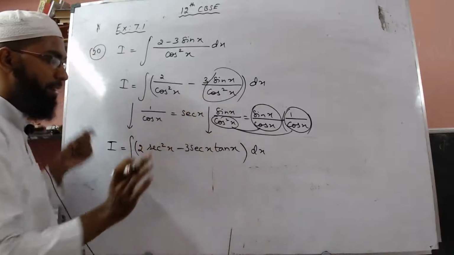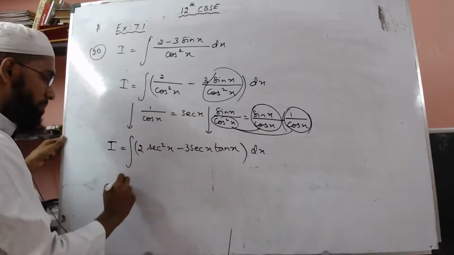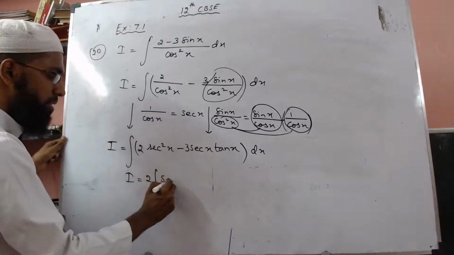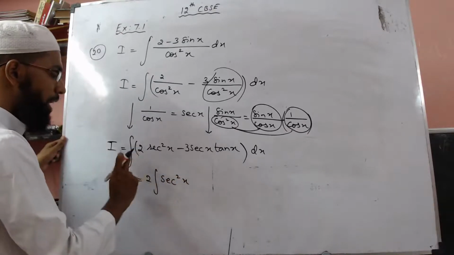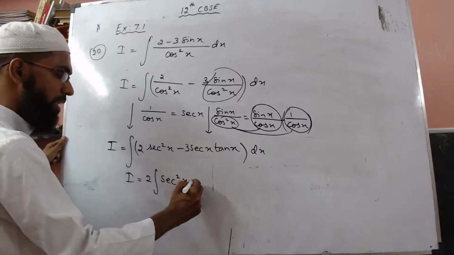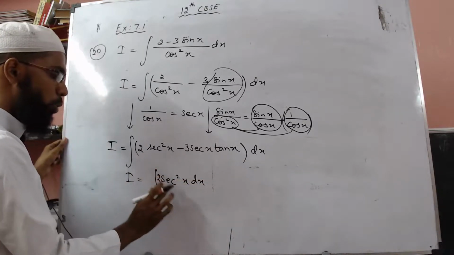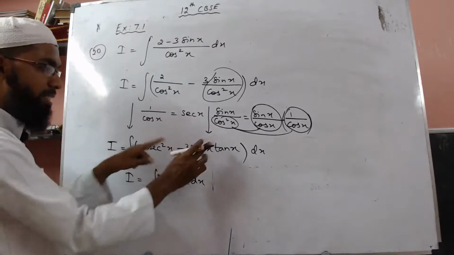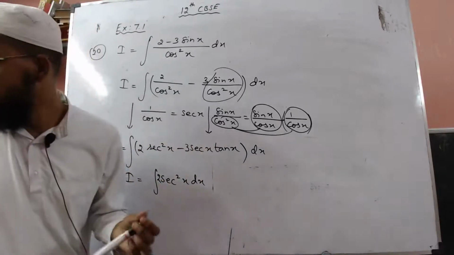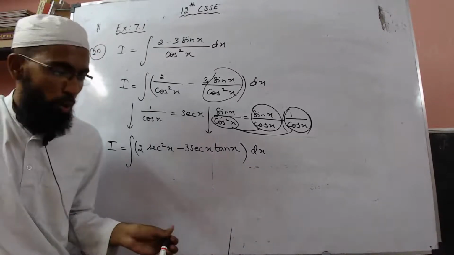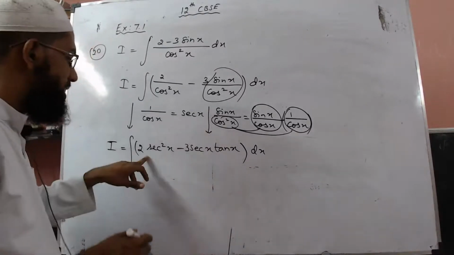This 3 is there in the front. Now this constant, let me take it outside. Since this is a sum, it would be confusing, so let me do it directly and not waste time. 2 is constant, we will keep it as it is.